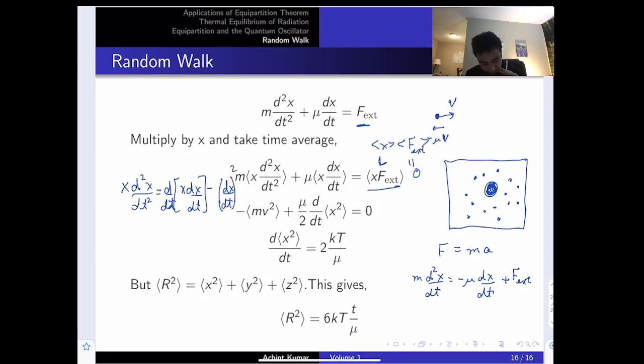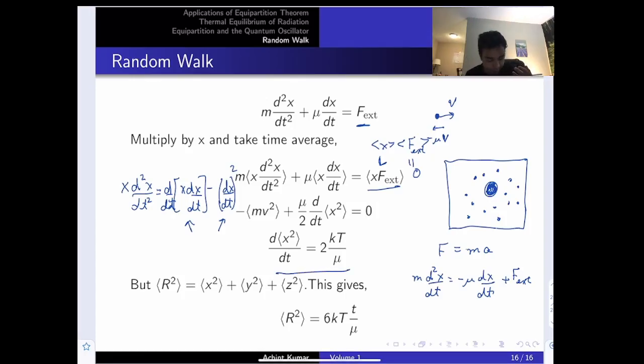Once you write it this way, you see that again this term would cancel out because position and velocity are uncorrelated with each other, and you just have the second term, and so that's how you get minus mv squared plus mu by 2 d by dt of x squared. We solve for d by dt of x squared and we get this expression.